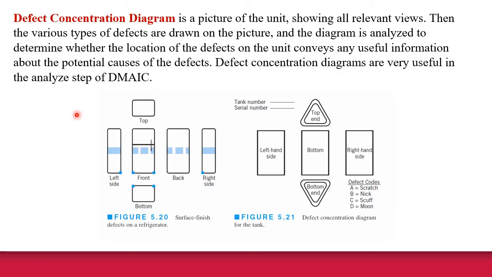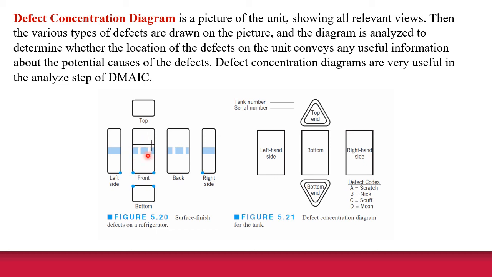Another chart that's often used is what's known as a defect concentration diagram. This is kind of like a three-dimensional view laid out on a two-dimensional chart. It shows all the relevant views. So, for example, if this was a car, you would have the front. This is like a refrigerator.